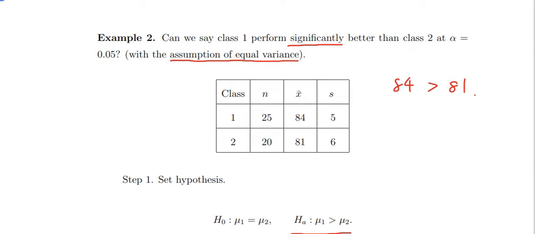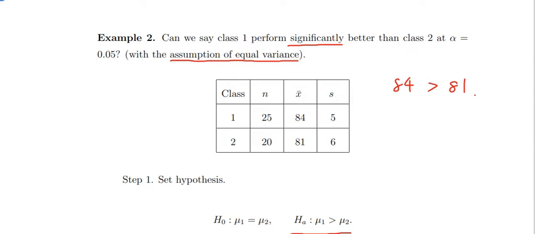With equal values we should use a different formula, and maybe we can get a different conclusion. If we conduct testing under this assumption, we can say class 1 is better than class 2. Logically, we need to check whether this assumption is correct, but that is another story, so here we do not go into detail.